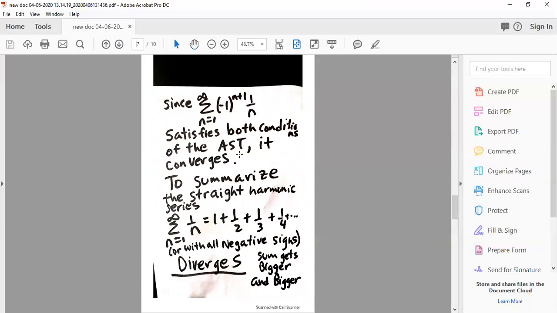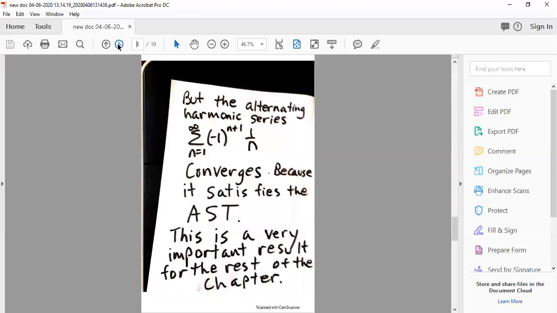So to summarize, a straight harmonic series looking like this with all positive or all negative signs diverges because the sum will either get bigger and bigger all positive or bigger and bigger all negative. But the alternating harmonic series we just showed satisfies both conditions of the alternating series test, and it converges because it satisfies the AST.